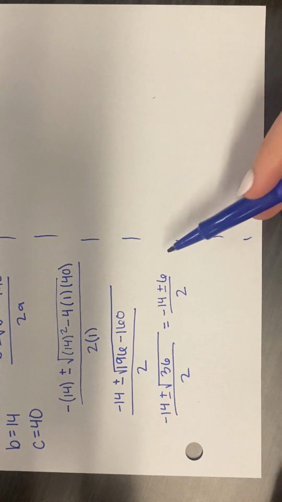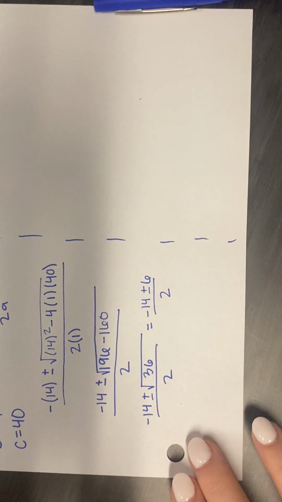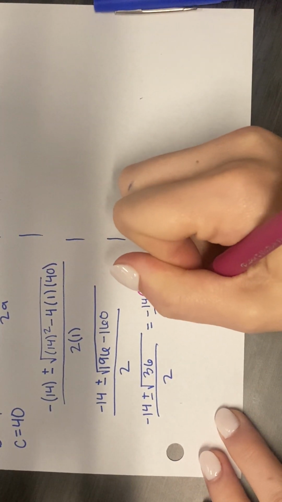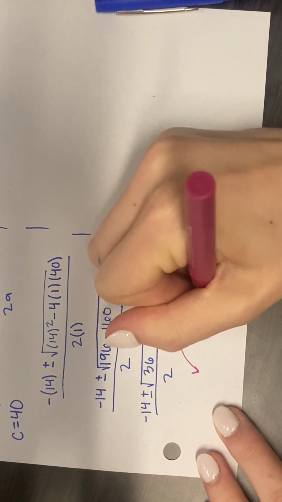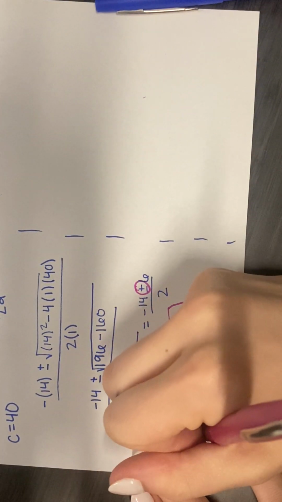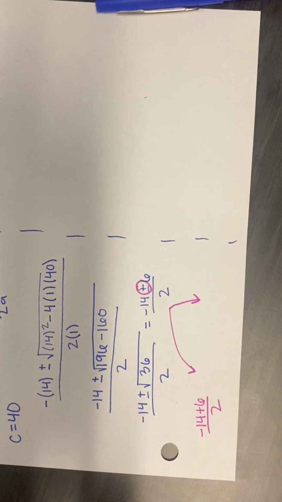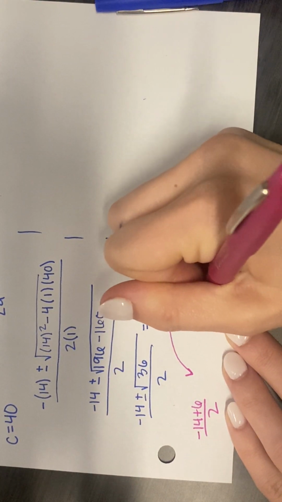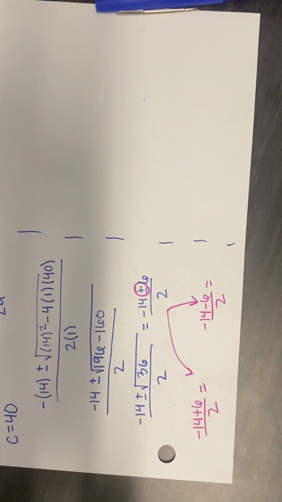So now we're just going to simplify this. The way that you do this is you take your plus and minus and write this as two different equations. One has a plus sign, so negative 14 plus 6 divided by 2. And one has the minus sign, negative 14 minus 6 divided by 2. Then we'll get our two solutions.